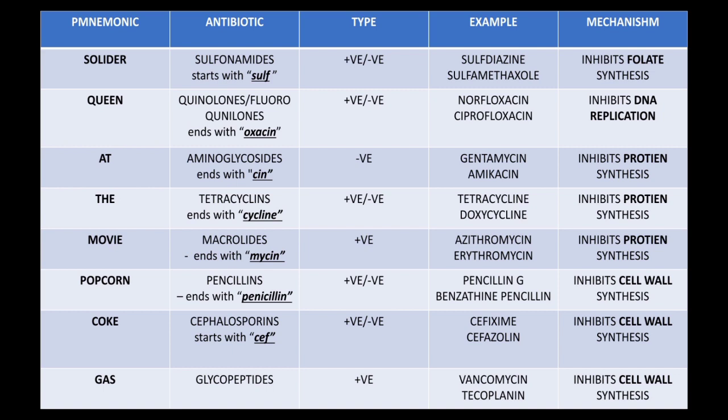Coming to cephalosporins, you may be shocked because there are almost 5 generations of cephalosporins containing around 40 drugs. In this class, if you see the word CEF, you can directly say that it belongs to cephalosporins.